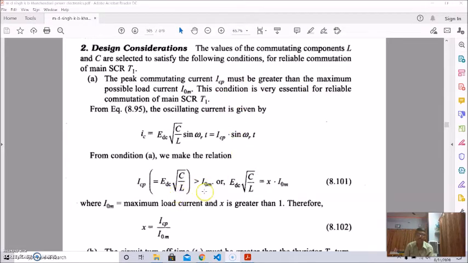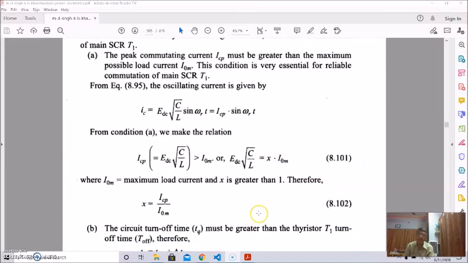So EDC root of C by L equals some factor x into IOM. Since ICP is greater than IOM, x must be greater than 1. So what is the value of x? x equals ICP by IOM.